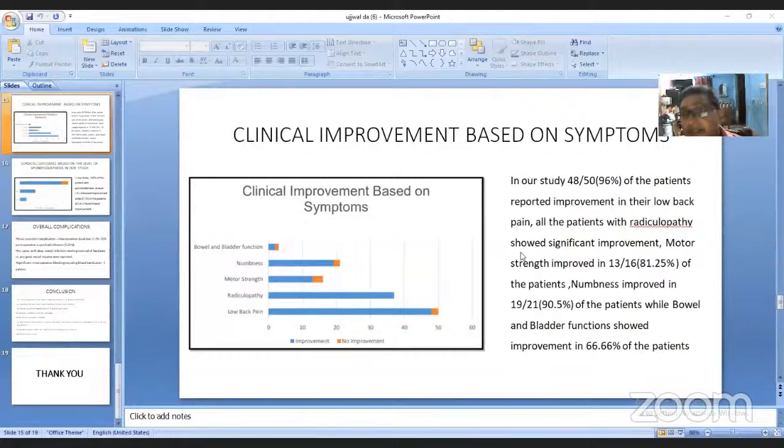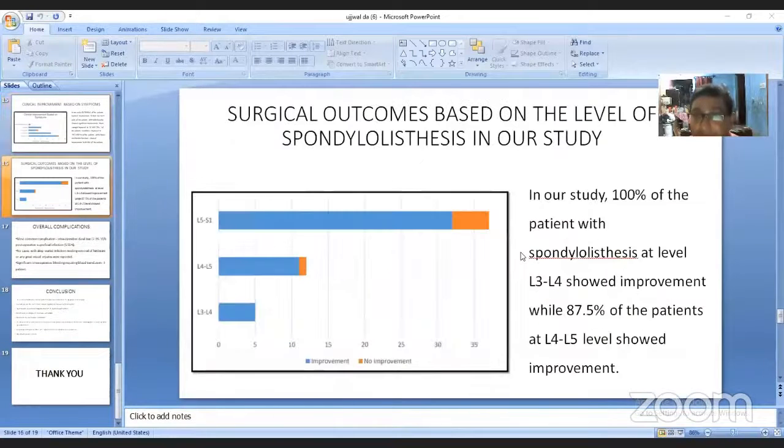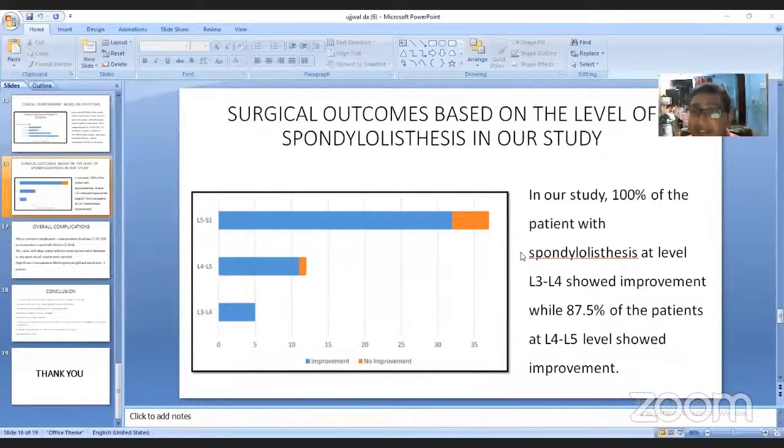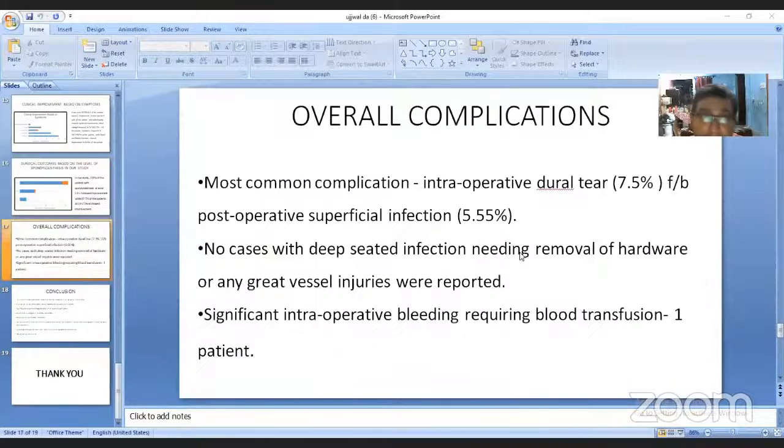In our study, 96% of patients reported improvement in their low back pain. 81% of patients improved motor strength. Numbness improved in 90% of patients, and bowel and bladder involvement improved in 66.6% of patients. 100% of patients with spondylolisthesis at the L3-L4 level showed improvement, while 87% of patients at the L4-L5 level showed improvement.